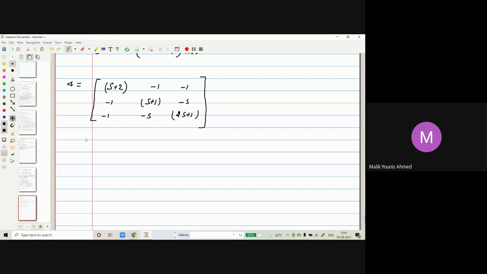So this will be first row equal to s plus 2. Leave this column, leave this row. s plus 1 into 2s plus 1 minus s square. So that is first, minus minus plus 1 multiplied by, leave this row and leave this column, minus 2s plus 1.